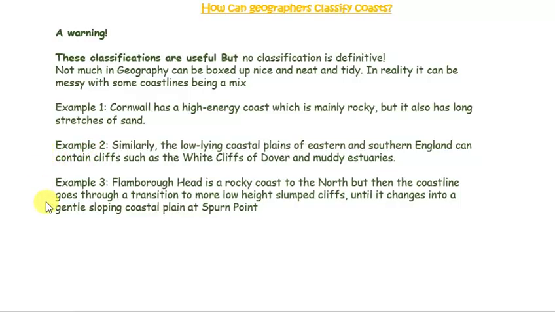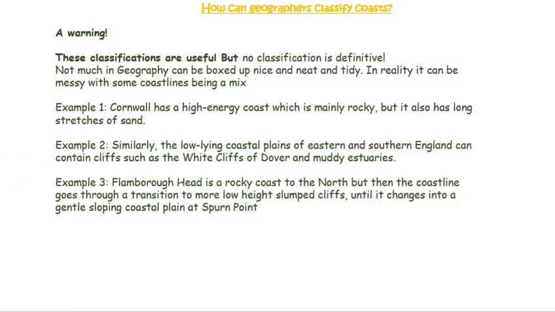Example three, if some of you studied the Holderness coast at GCSE, which I'm probably assuming that some of you have, to the north you've got resistant hard geology, which is chalk and limestone, so you get steep cliffs, and then it transitions to a softer geology, which is boulder clay, and we'll look at why that is.